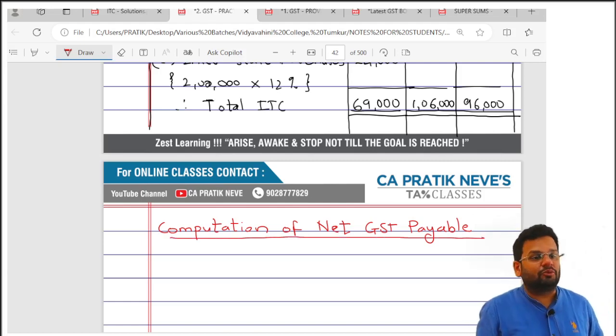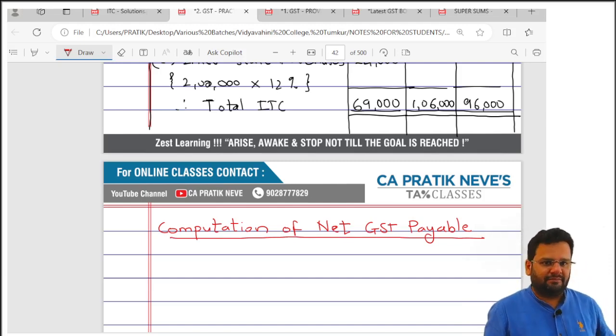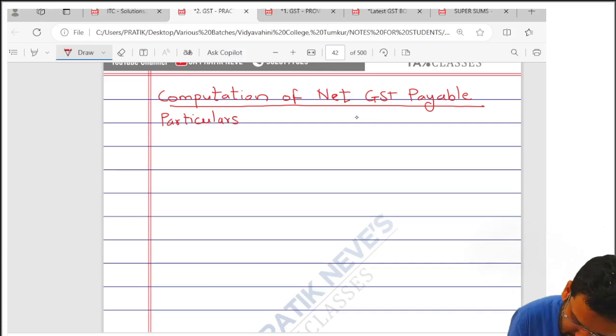There is no need to do separate working for output tax. You can complete that in this statement itself. Particulars: IGST, CGST, SGST.